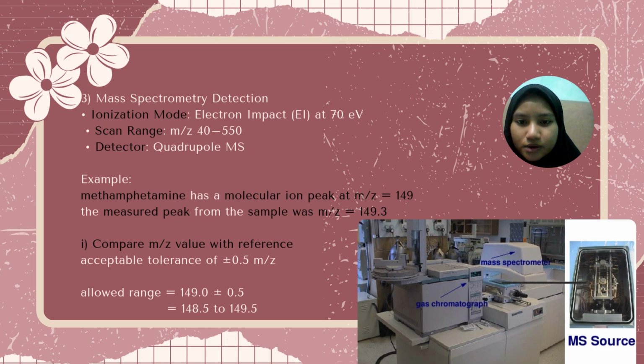The measured peak from the sample was m/z equals 149.3. The first step is to compare the m/z value with the reference. The acceptable tolerance is plus or minus 0.5 m/z, so the acceptable range is 149 plus or minus 0.5, which is 148.5 to 149.5.